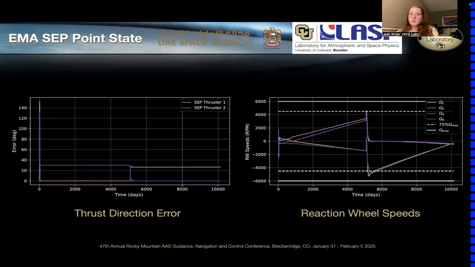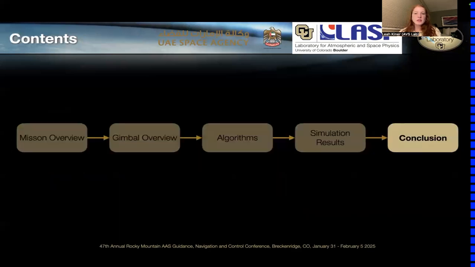However, after we switch SEP thrusters and after that slew, the reaction wheel speeds begin to slow down due to the opposite polarity of the thrusters. So the reaction wheel speeds return to low values similar to how we started, and we can see that the reaction wheel speeds are able to accommodate the swirl torque of the thrusters.